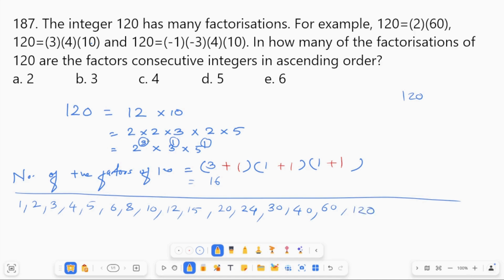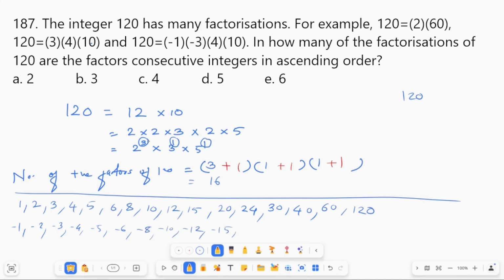These are the positive factors of 120, and the same numbers with negative signs are also the factors of 120. Negative 1, negative 2, negative 3, negative 4 and so on. Let me write them all and then we will find out.